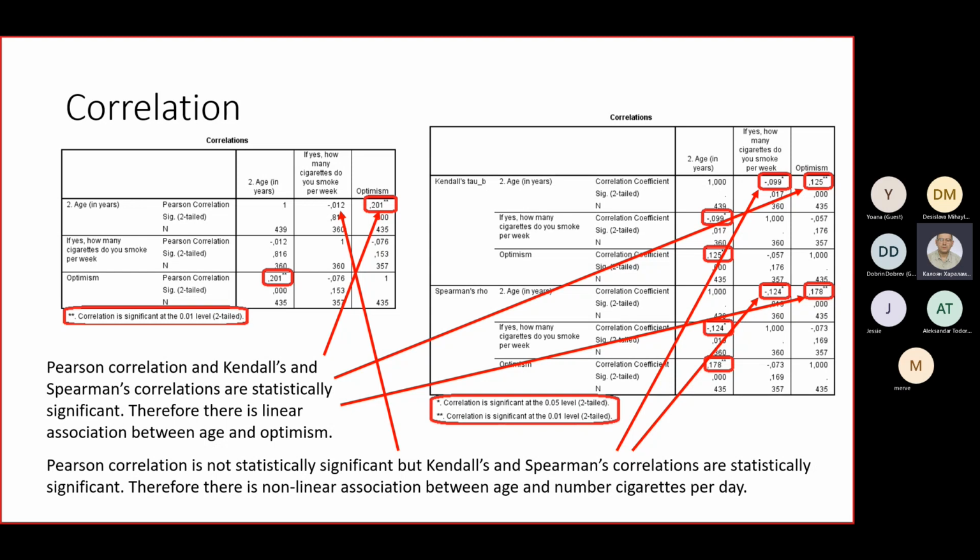That means that there is a relation between age and number of cigarettes per week, but this relation is not linear. And the last, for the relation between number of cigarettes per week and optimism, all three coefficients are not significant. That means that there is no relation between number of cigarettes per week and optimism.